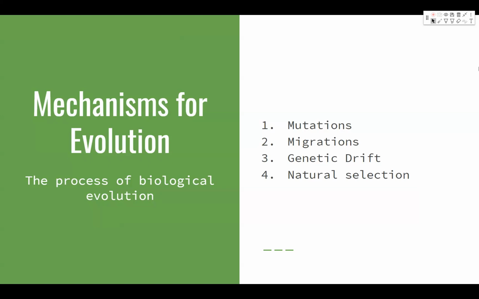And the fourth is natural selection, and artificial selection also, but we'll talk about that later. So these are our 4 mechanisms for changes in populations over time: mutations, migrations, genetic drift, and natural selection.